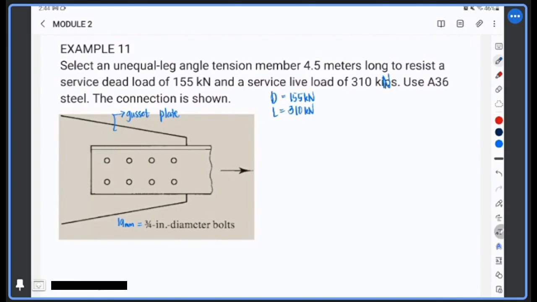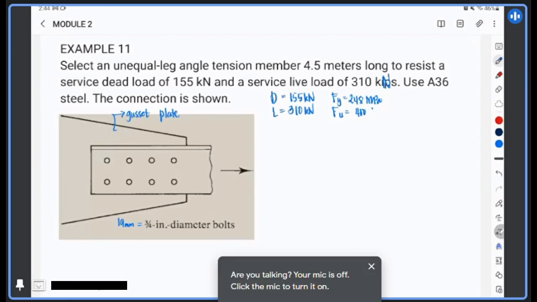Okay, we are to use A36 steel. So for A36, Fy is equal to 248 megapascal, and Fu, our ultimate tensile strength, is equal to 400 megapascal.